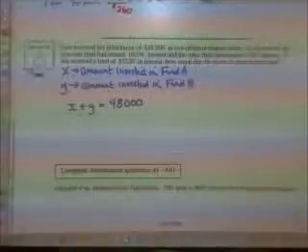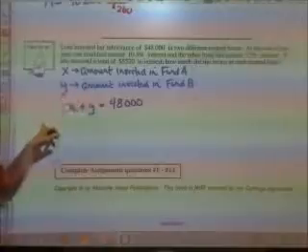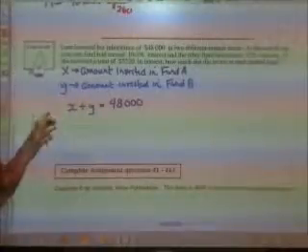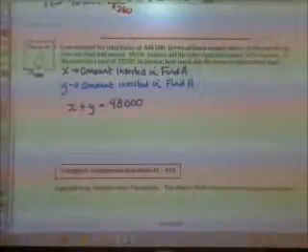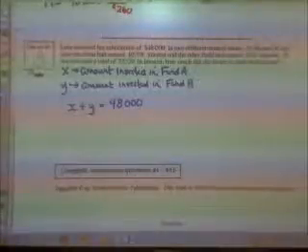The interest that she earned. So how do I calculate the interest earned on the first account? So suppose she invested $3,000 in the first account. How would I figure out the interest that she earned on that account?